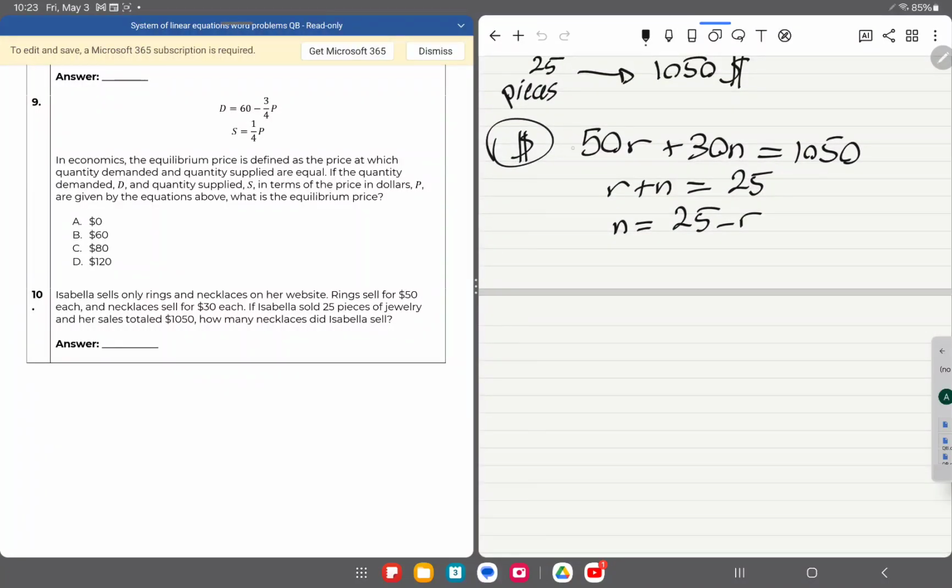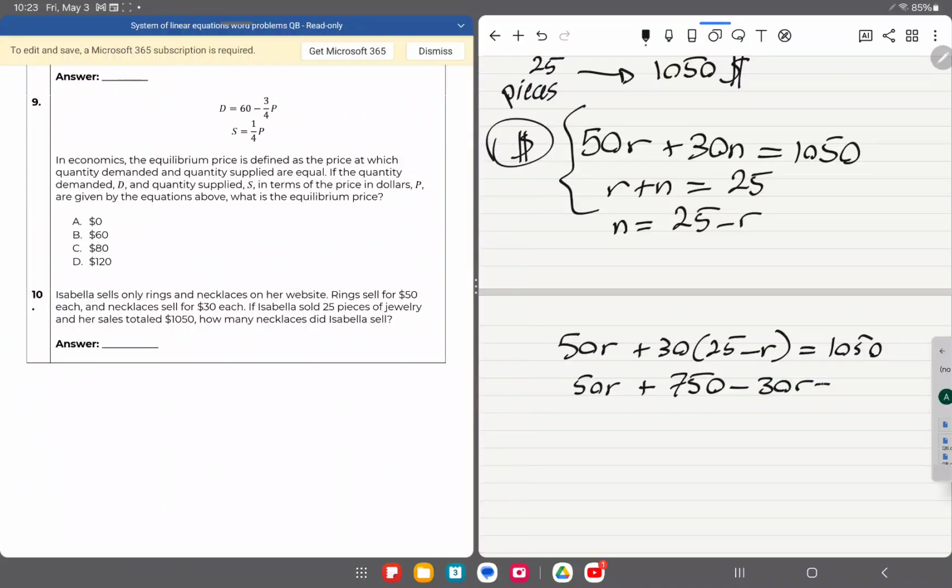So this is my first equation, this is my second equation. 50r plus 30 times (25 minus r) is equal to 1050. 50r plus 30 times 25, that's 750, minus 30r is equal to 1050. Now 20r is equal to 1050 minus 750, 300. r is equal to 15. So I can get the number of rings.